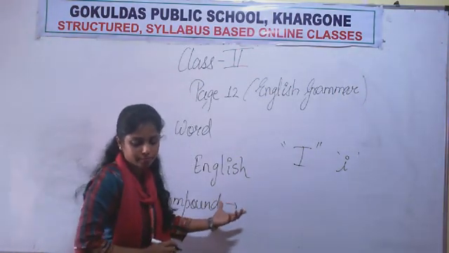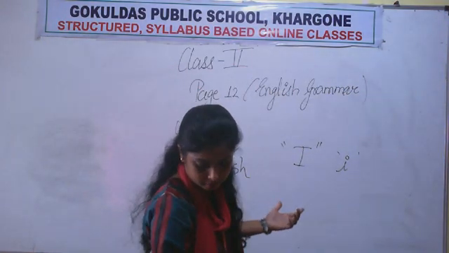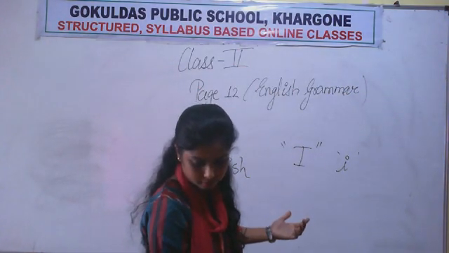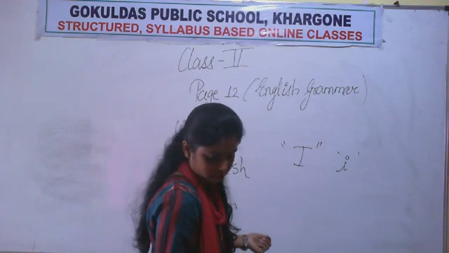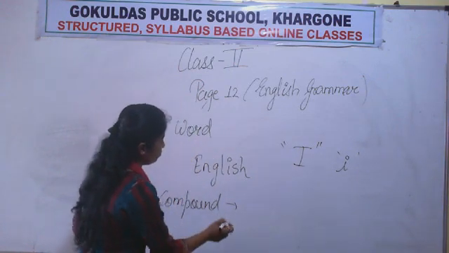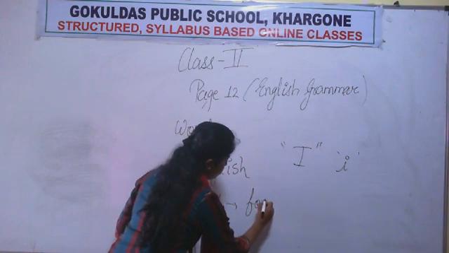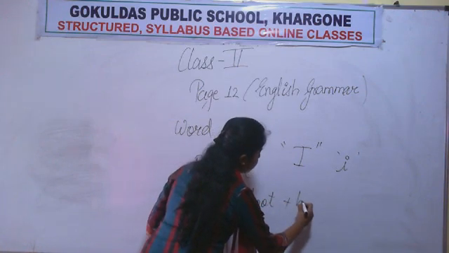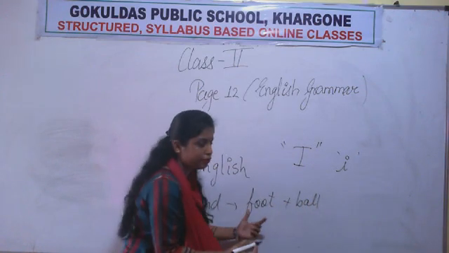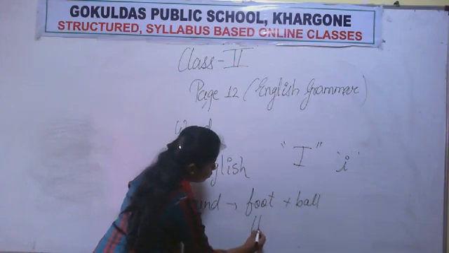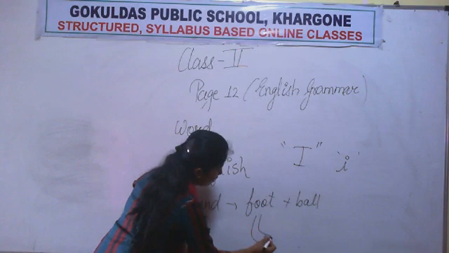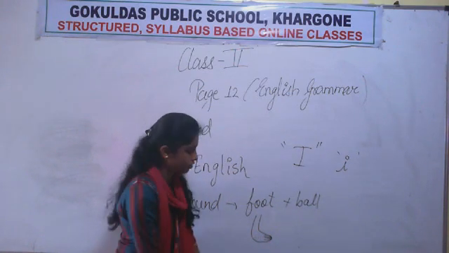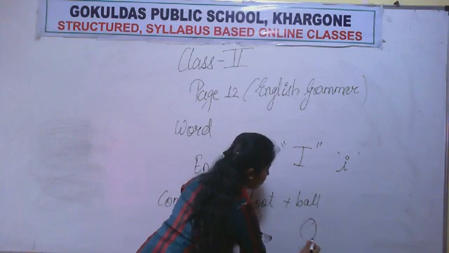For example, foot and ball. Foot is different. This is your foot. I am very bad at drawing. I am sorry for that. This is your foot. Okay. And this is a ball.